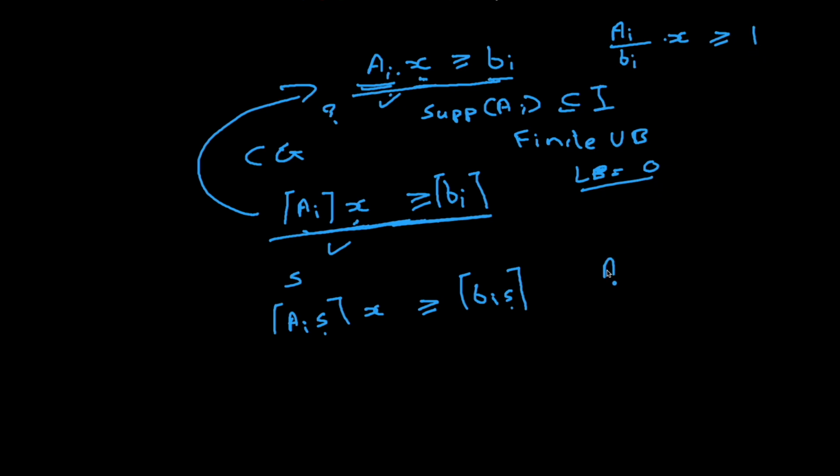Over here it will be AI s, its ceil value, divided by BI s, and its ceil value, multiplied by x, and this is greater or equal to 1. So the coefficient of x here is AI by BI, here it is AIS by BIS, both of them ceiled. Which one is stronger?